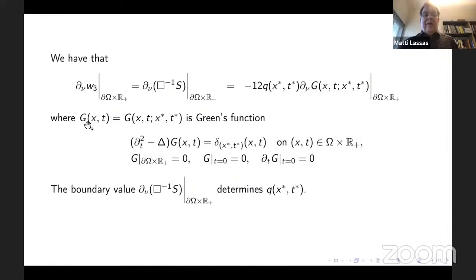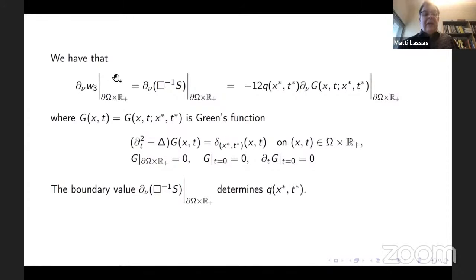That is recorded here. So when we have a delta distribution that is supported at point x at time t, the solution of this linear wave equation with point source is called Green's function. And when you know the domain omega, you can compute this explicitly, or at least numerically you can compute it, and you also know it's a well-defined object.